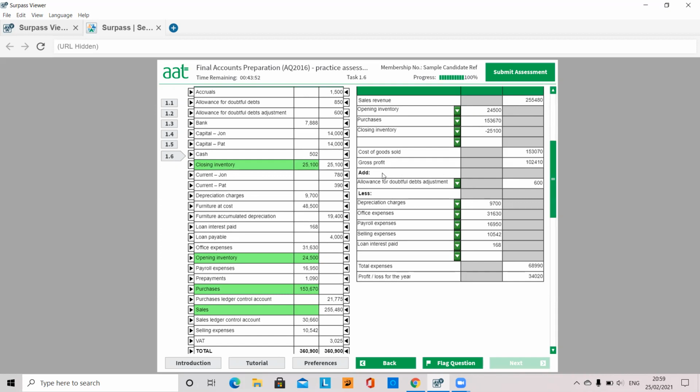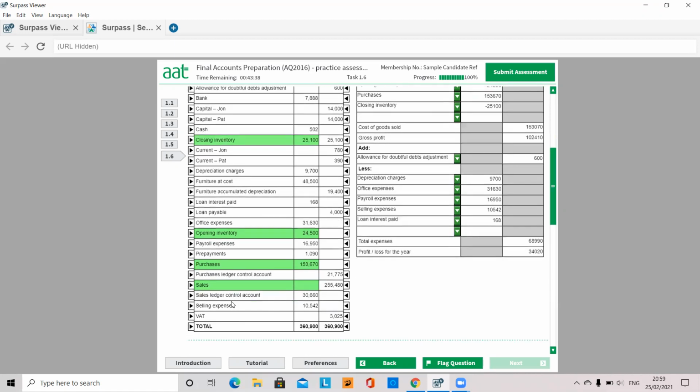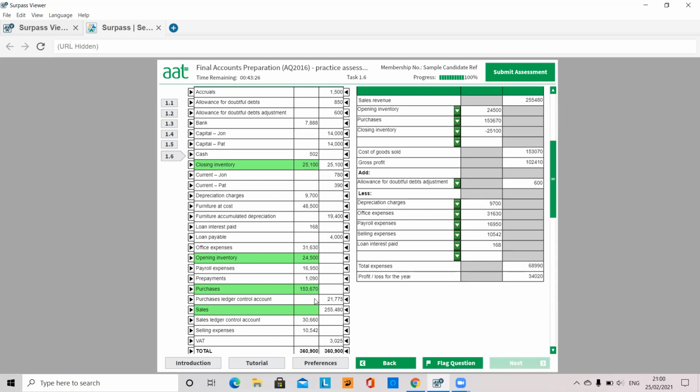We've then got anything we need to add, okay? So you might have interest received, or discounts received, or whatever the case may be. But this one, we've got an allowance for doubtful debts. As a reminder, from one of the previous questions, our sales ledger control account is 30,660. We've made an allowance for doubtful debts of 850, but sometimes we've put too much to one side.